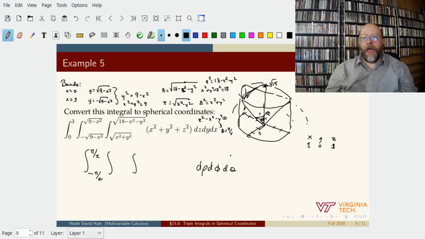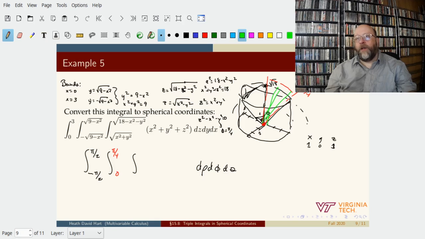The phi starts up here in the positive z direction, and this point stays fixed while the wire rotates downwards, and it stops being inside this shape when we reach the edge of the cone, and that's at pi over 4. And then within that range, from 0 to pi over 4, if I move out in the rho direction, I always leave along the top part of this curved sphere, which has a radius of square root of 18.